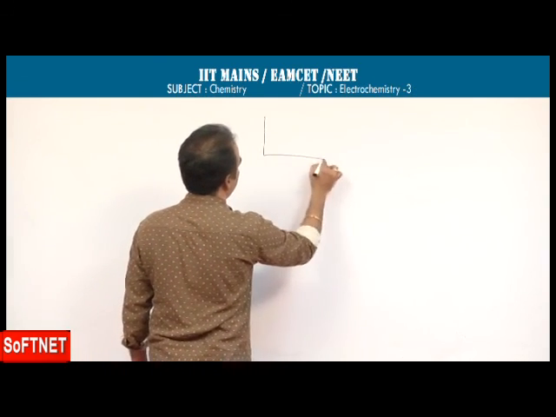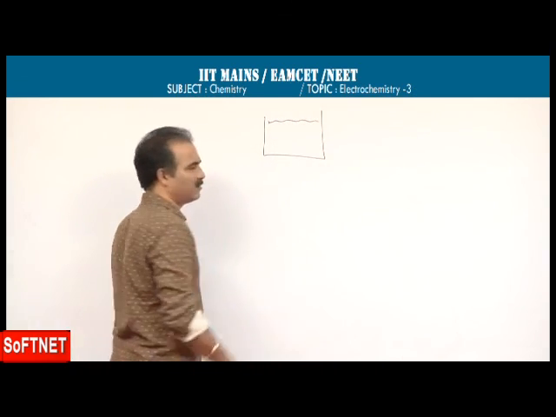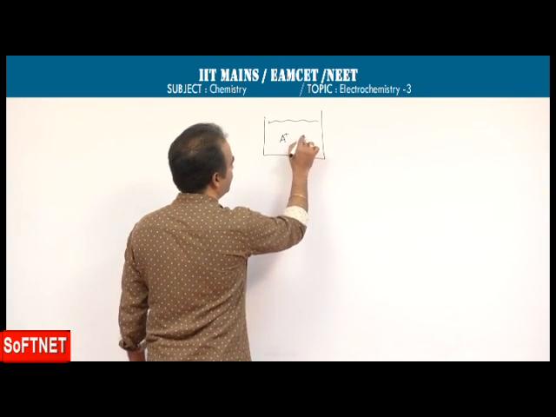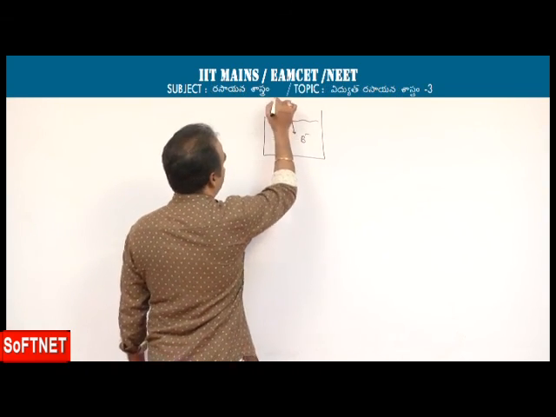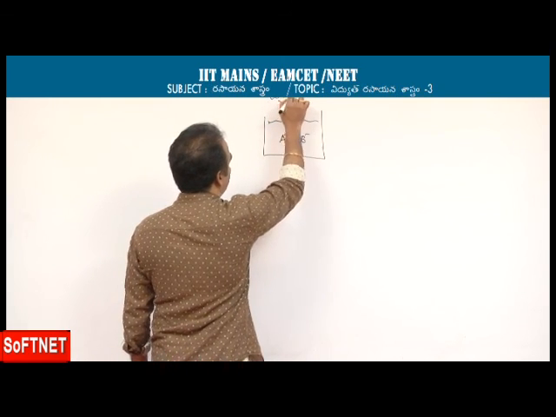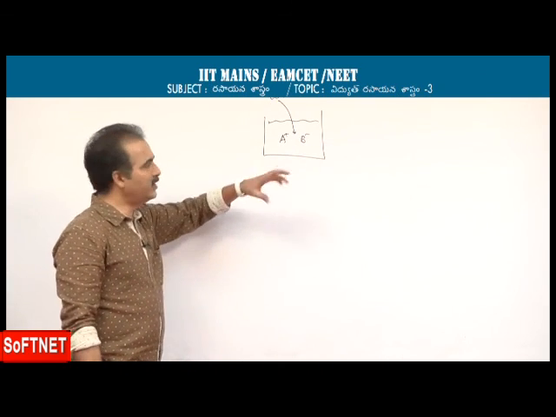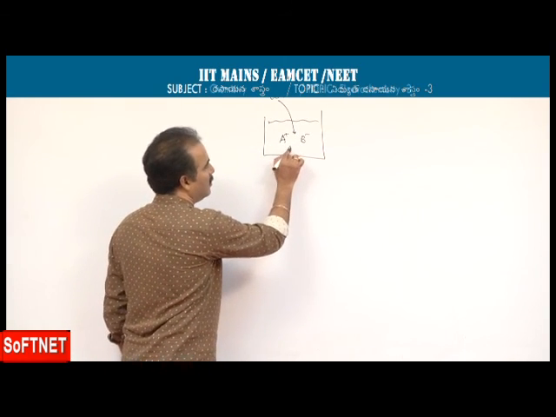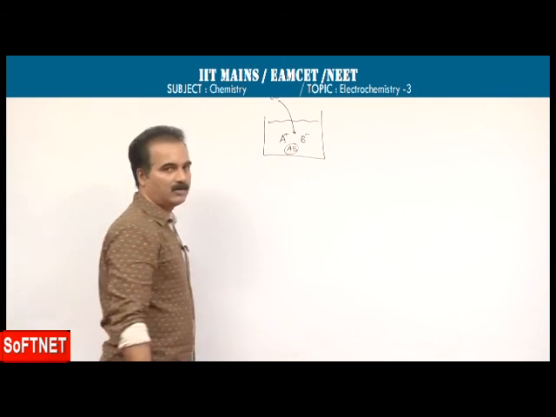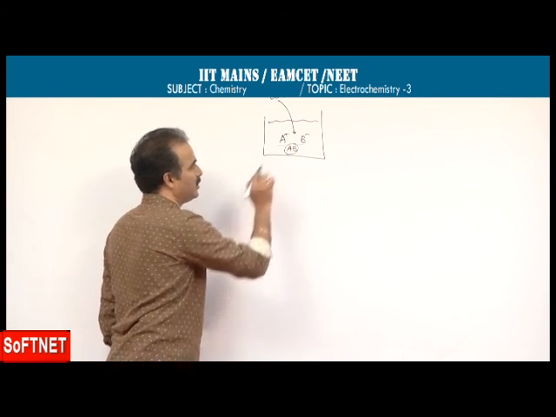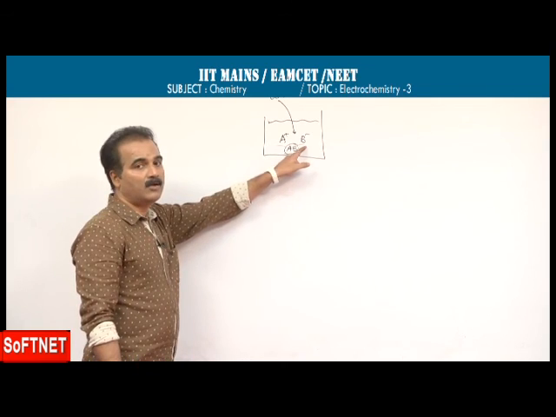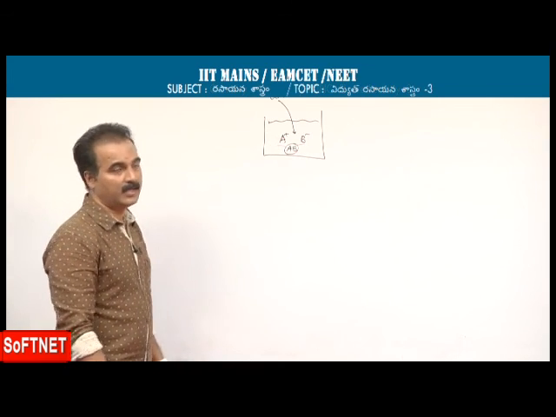Whether it is strong or weak, no matter, I have taken an electrolyte and I am doing infinite dilution. So, continuous addition of water makes what? If there is any undissociated electrolyte, that also will dissociate. As a result, the number of ions increases, automatically conductance increases.